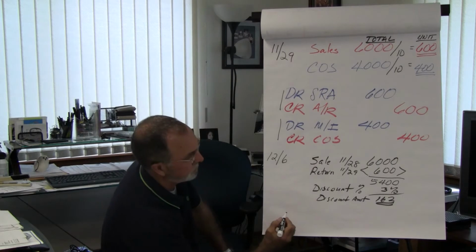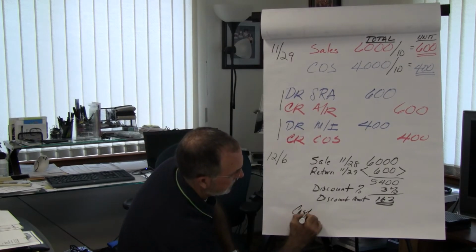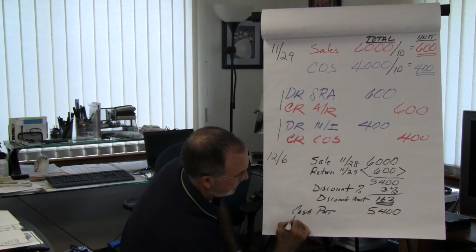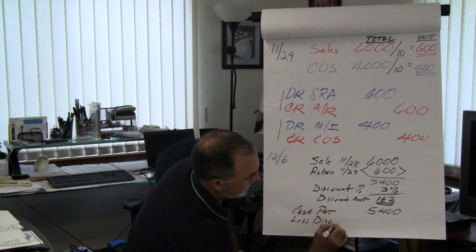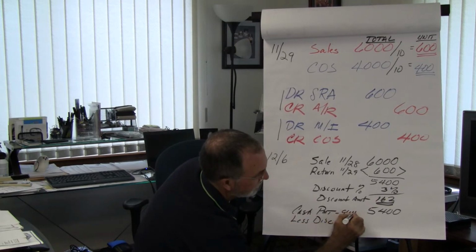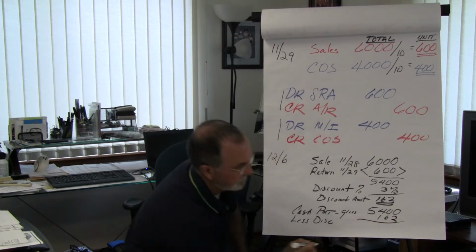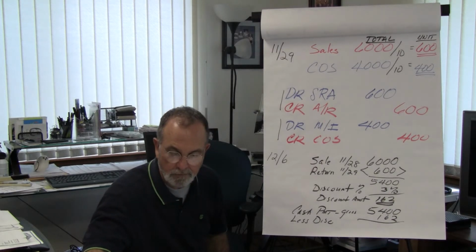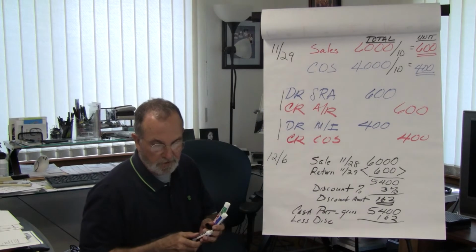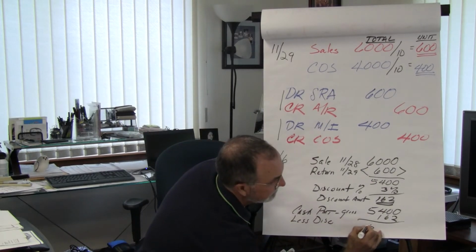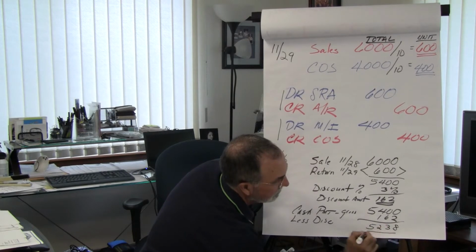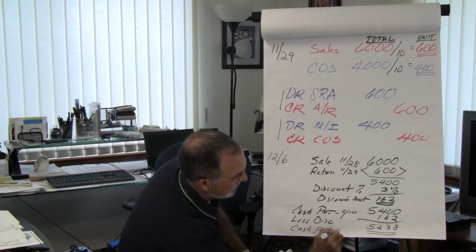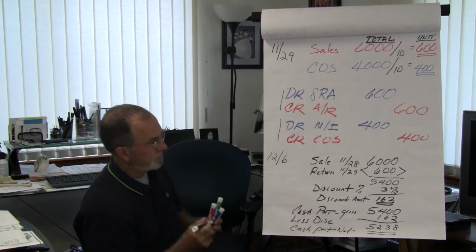The payment will basically be $5,400 less discount of $162, $5,238. That will be the cash payment net of discount, $5,238.